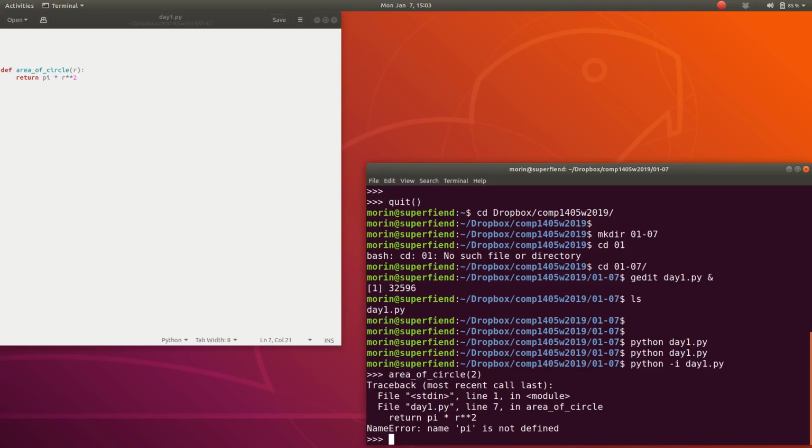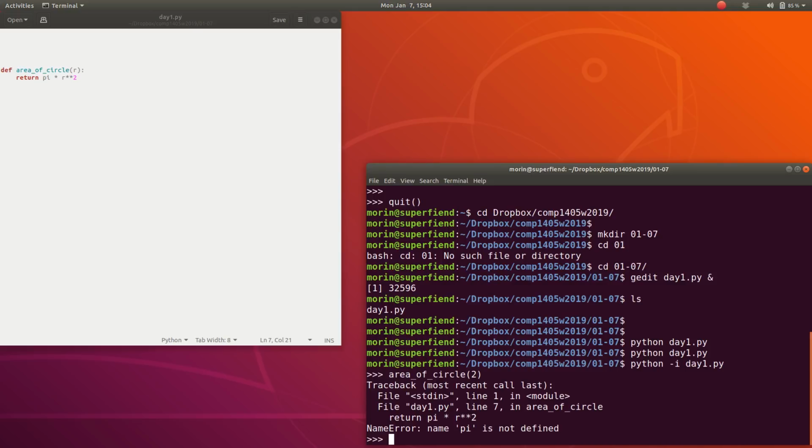It's telling you that on line 7, in this function called area of circle, at this line, and it's showing you the line, return pi times r squared, an error happened. And that error is what's called a name error, which is what Python tells you. It's the errors that say, I encountered a name and I don't know what that name means. In this case, there's this name pi, it's not defined.